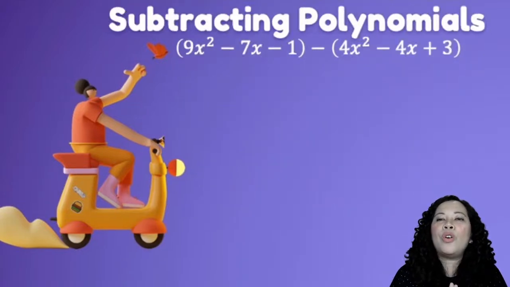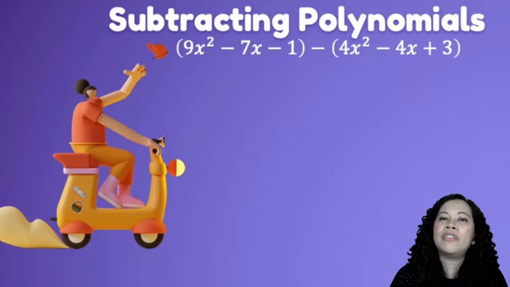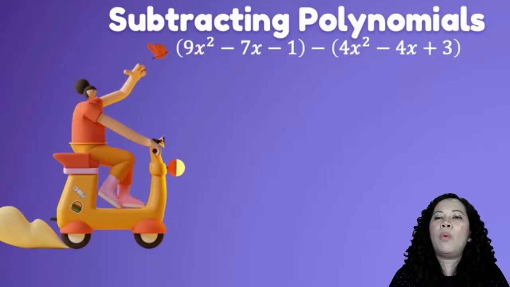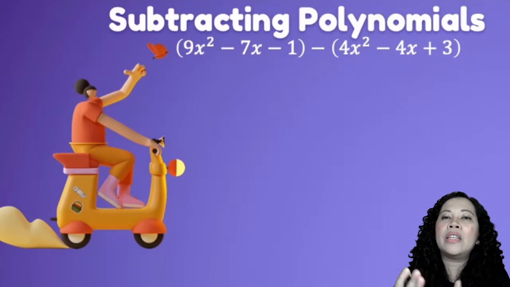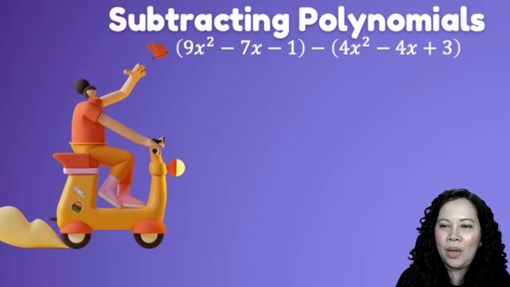Now, for subtraction. When we do subtracting polynomials, do be careful that if we have subtraction, that means we have to proceed to addition and change all the signs right after where the subtraction sign is. Okay?